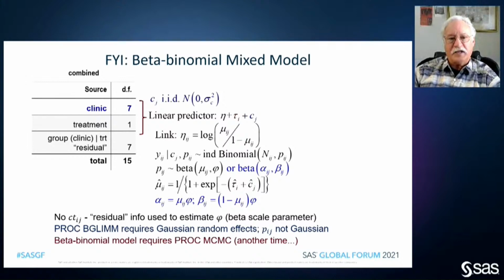And that mu sub ij could be modeled by the inverse link of a linear predictor that involves the treatment effect and the clinic effect. This is called a beta binomial model, and I'm just putting it up here because this is a very common way that people have of working with these types of data sets.